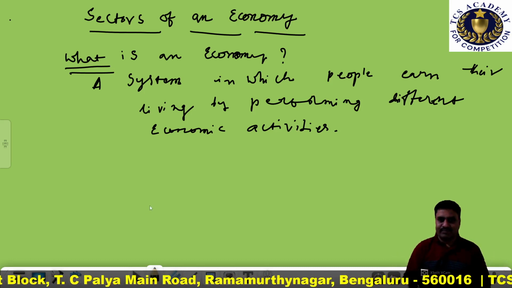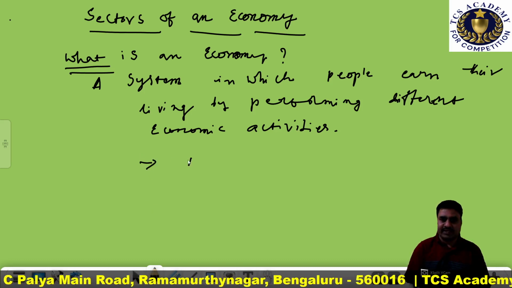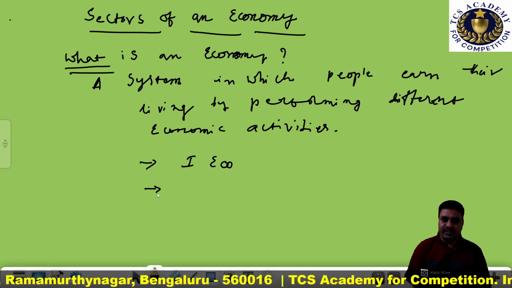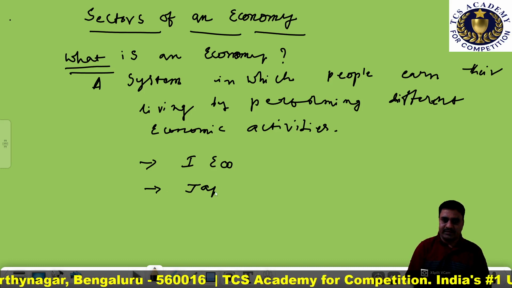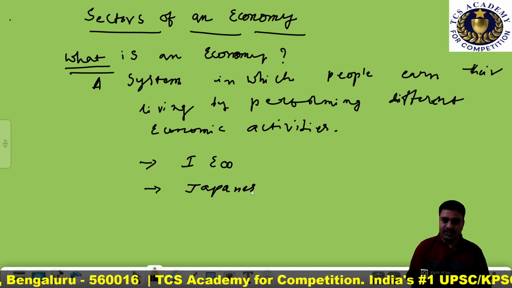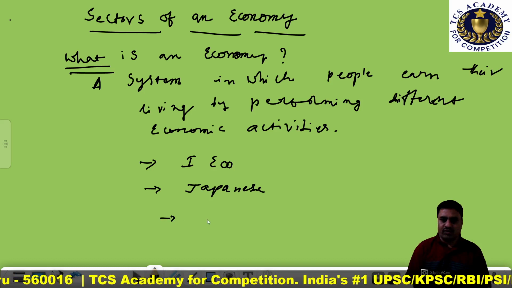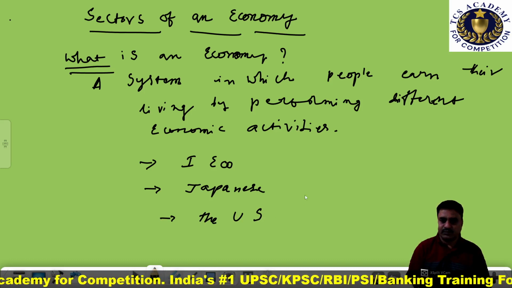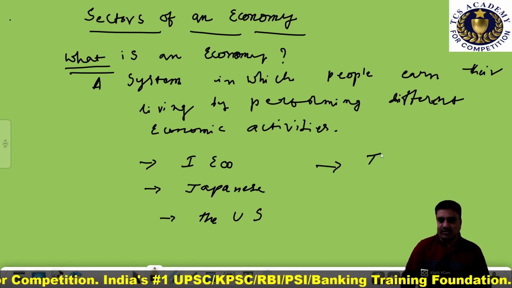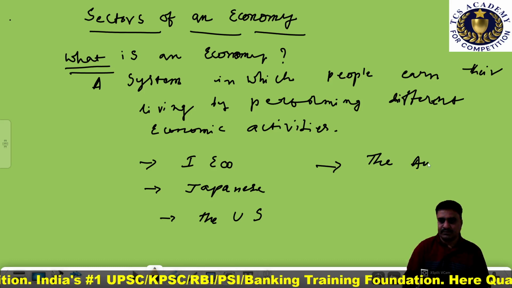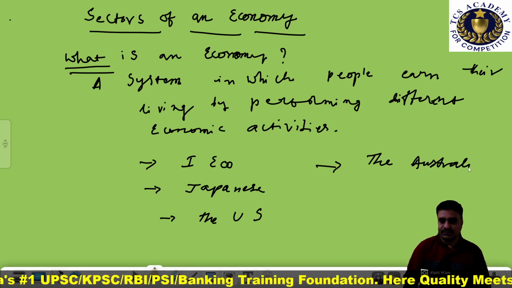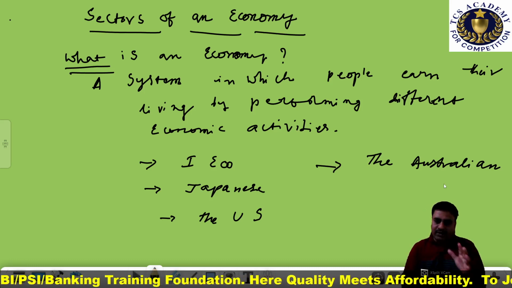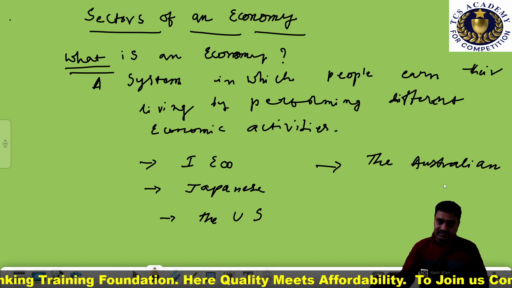Okay. For example, we call Indian economy, right? Indian economy. We call Japanese economy, the US economy. We call the Australian economy. Is that clear?